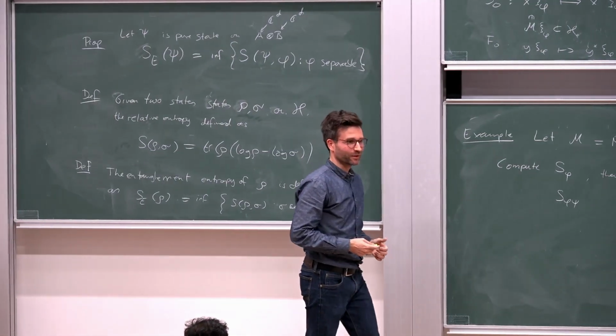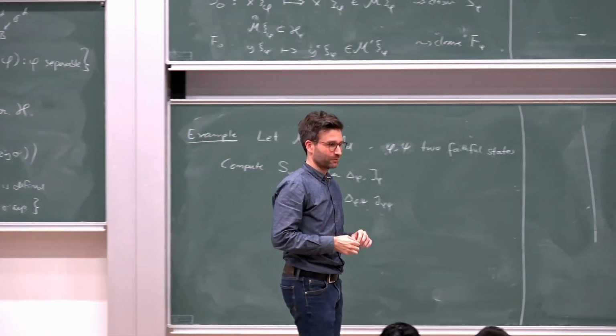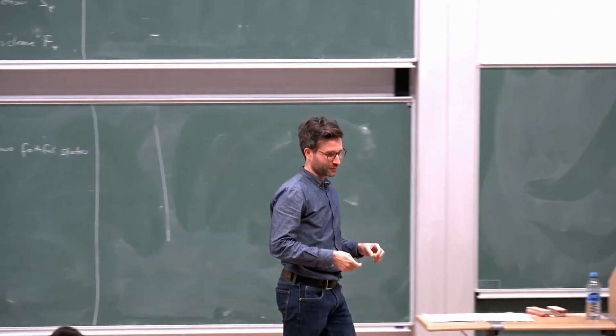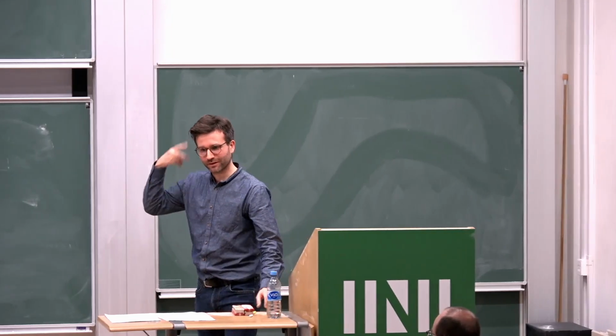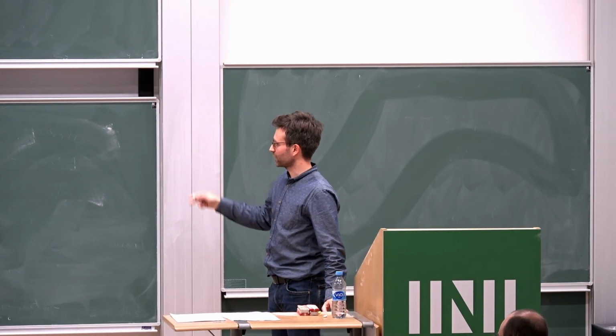Okay, so let me give you 2 minutes. I think it can't be solved in 2 minutes, but at least we can start thinking about it, and then we want to work it out together.